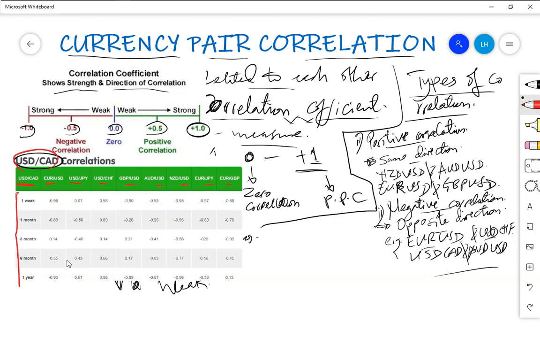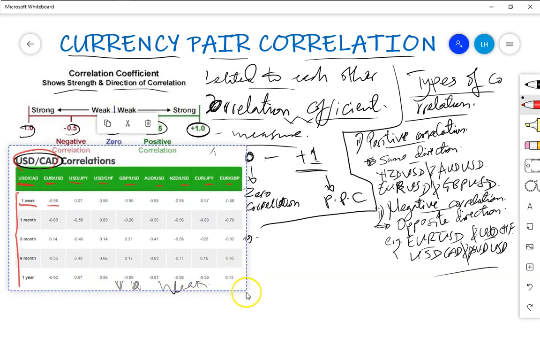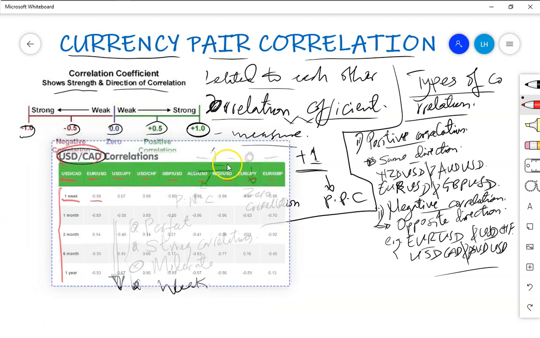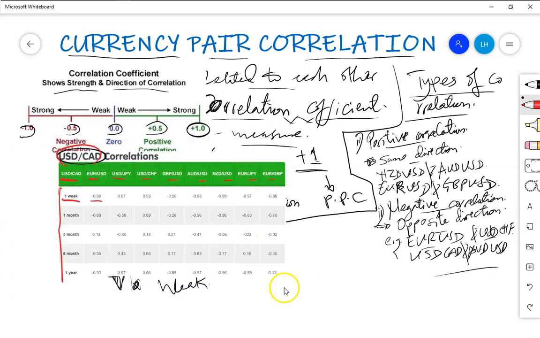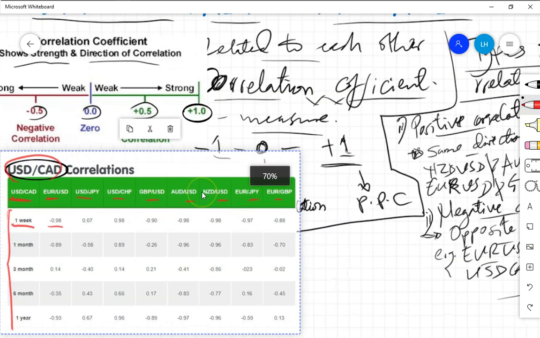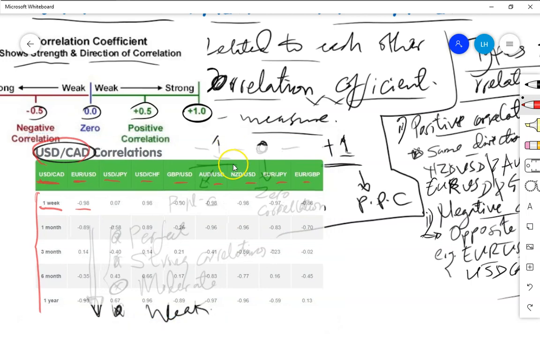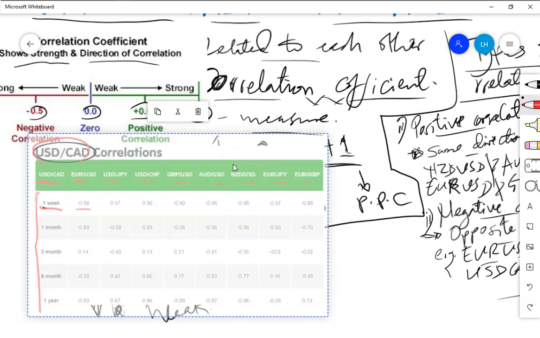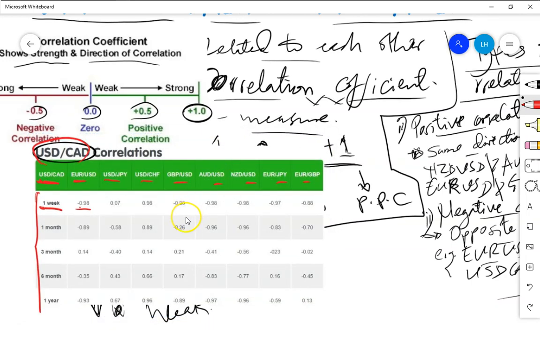Maybe I can increase the size of this. Now in the weekly time frame we have a negative 0.98 correlation between USDCAD and EURUSD.